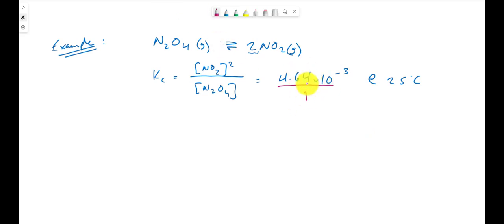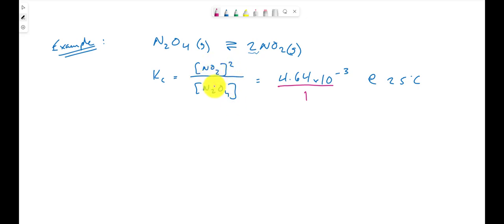It's the same number, but when I'm looking at the ratio here, what that really tells me is that at equilibrium, when the rates of the forward and reverse reactions are balanced, for every 1 part of N2O4 that I have, I have 4.64 times 10 to the minus 3 parts of NO2.